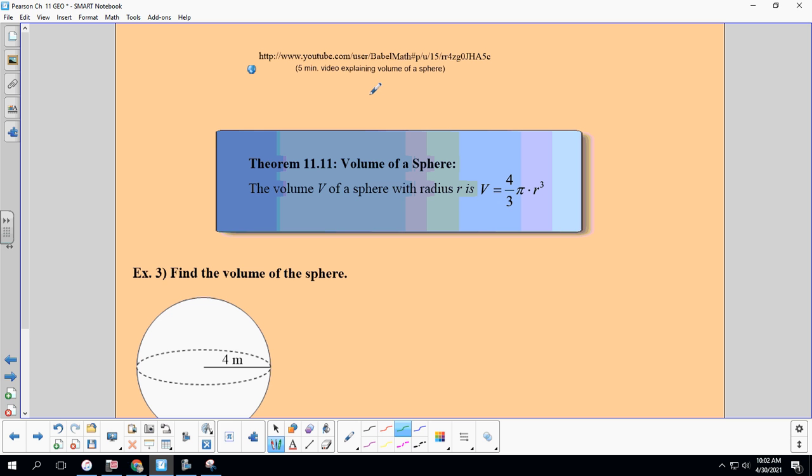All right. So we're going to talk volume of a sphere. The volume of a sphere is 4/3 pi r cubed. So we keep the 4 from the surface area. We divide it by 3, and I think of it like because volume is cubic, our r becomes cubed because we're talking volume. 4/3 pi r cubed.